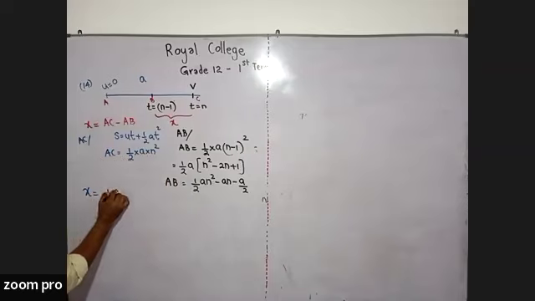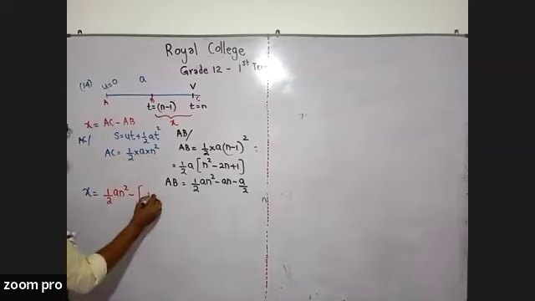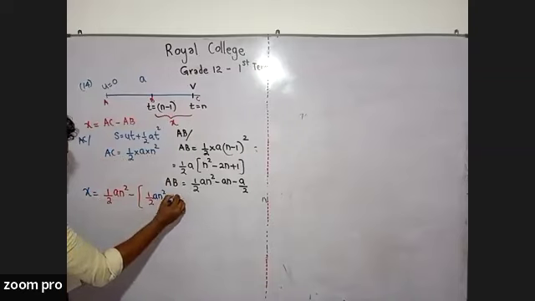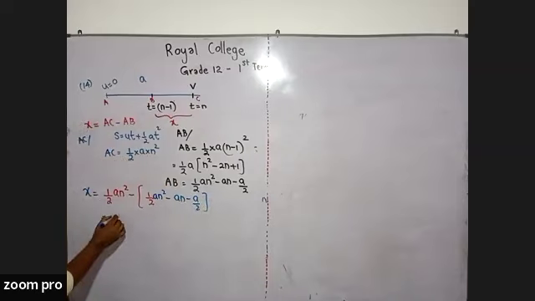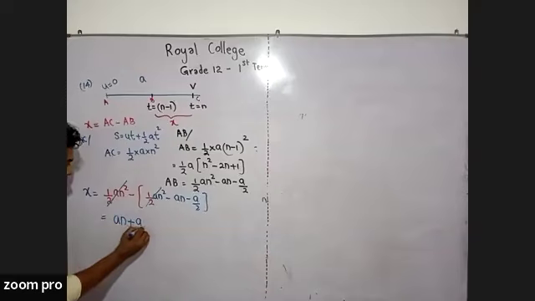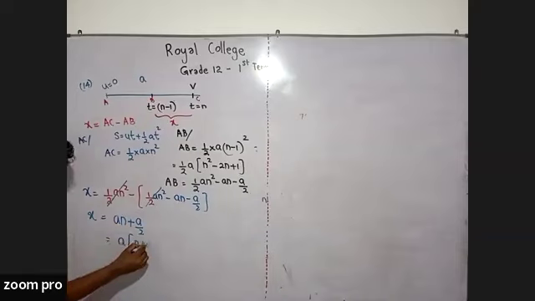AC can be written as half a n squared, and AB can be written as half a n squared minus a n plus a over 2. Right. So you can figure out that these two can be cancelled. If I multiply minus into minus a n, it converts to positive a n, plus a over 2. So this is the value for x: a n minus a over 2, right. This is the value for x.